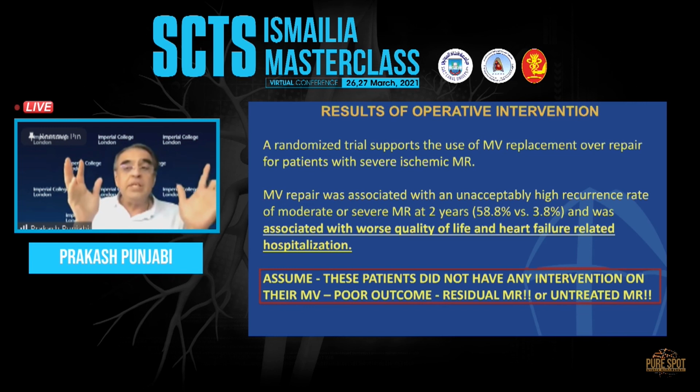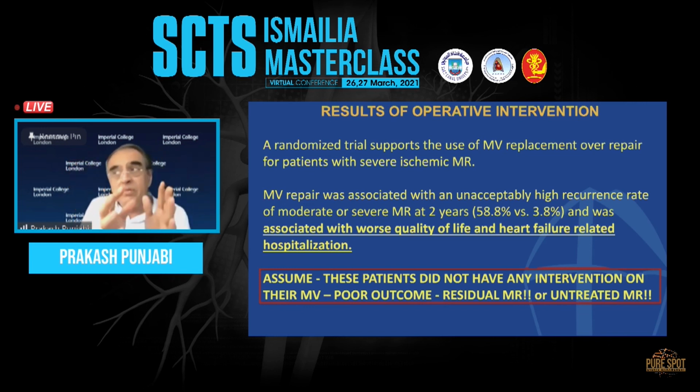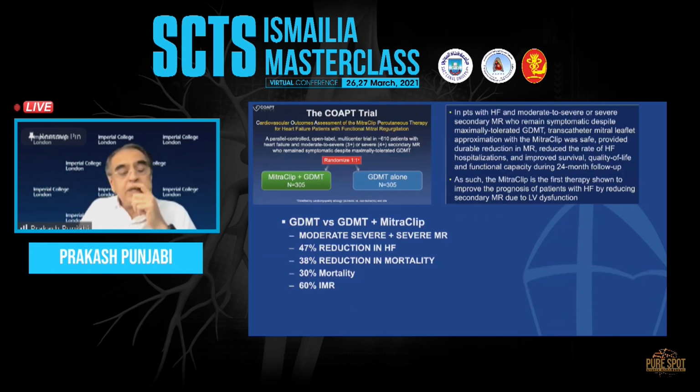So assume that they did not have any intervention, which means that even if you intervene and leave a patient with mild to moderate MR, they have bad outcome. So if you're leaving mild to moderate MR after surgery has bad outcome, how can it not have bad outcome before surgery? So it will. So you must think about intervening.